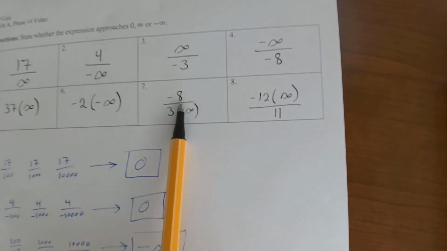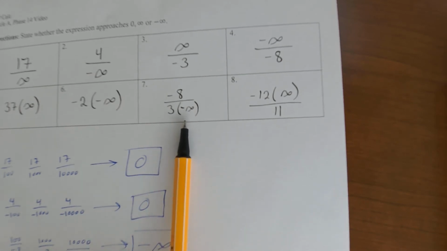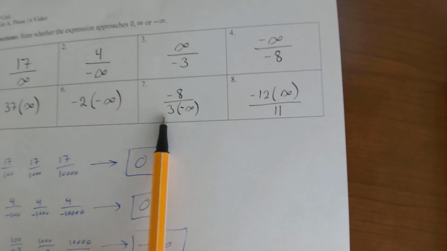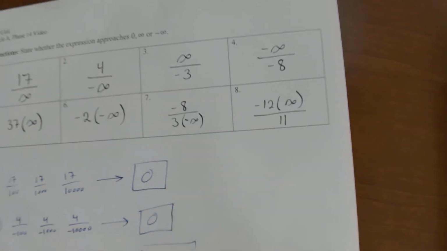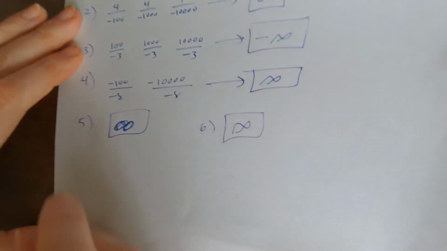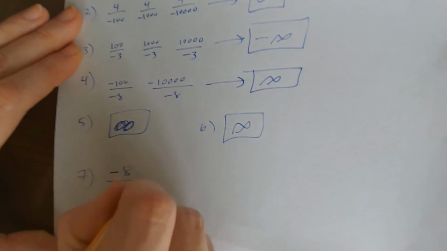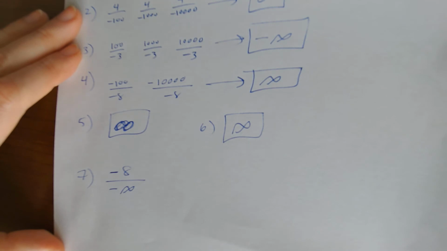So the denominator is getting huge, but in a negative direction because it's positive times a negative. So number 7 is going to be the same as if we just had negative 8 over negative infinity.